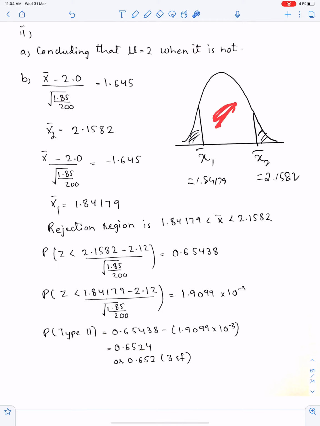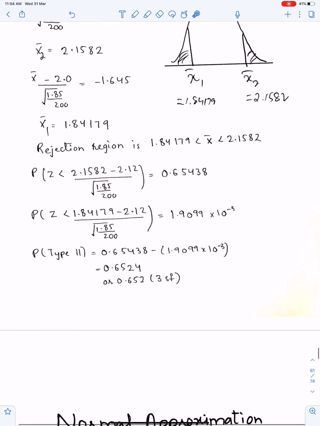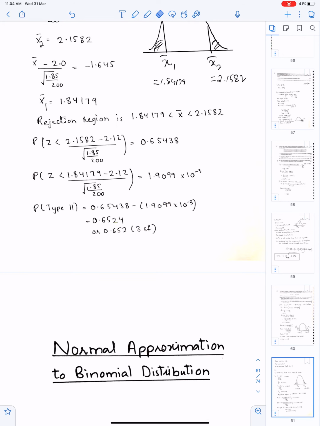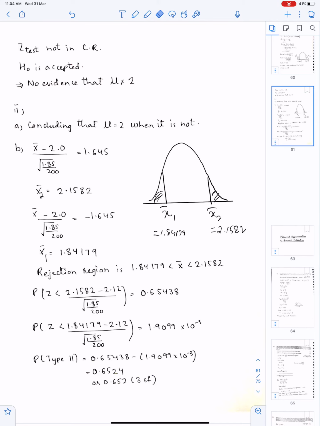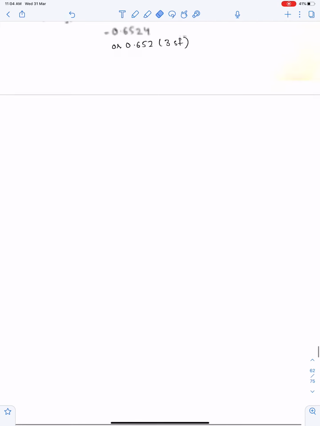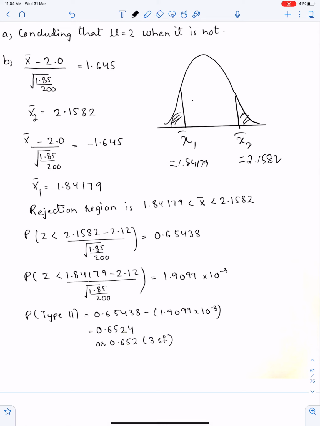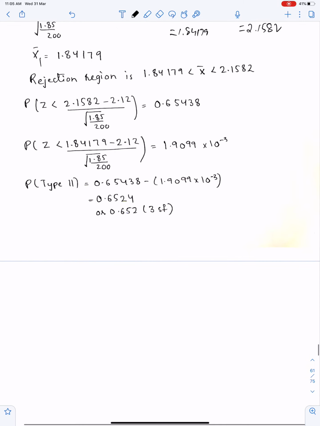Now type 2 error. Type 2 error means the probability that x lies between these two. Let me do this in a different way. So this is type 2. So type 2 means probability of the accepted region.